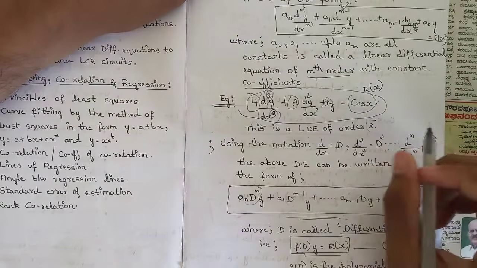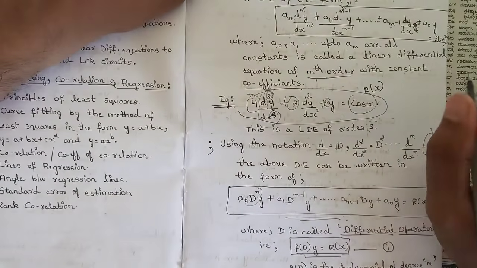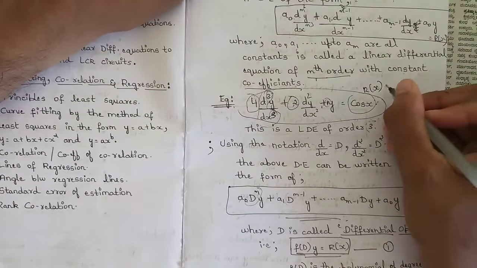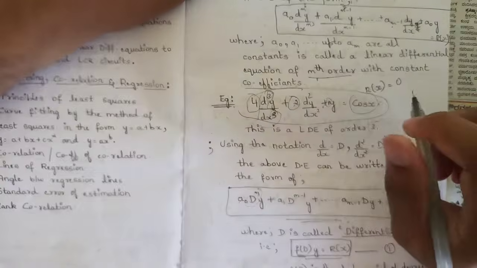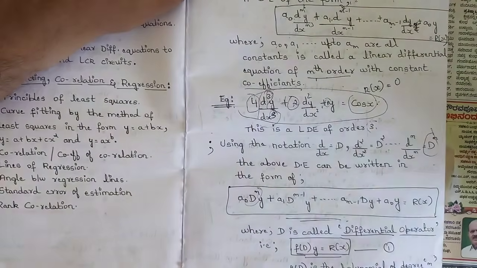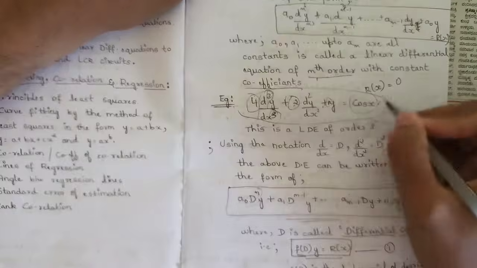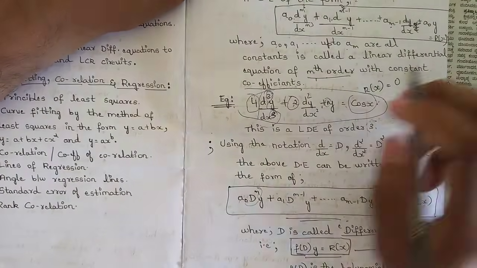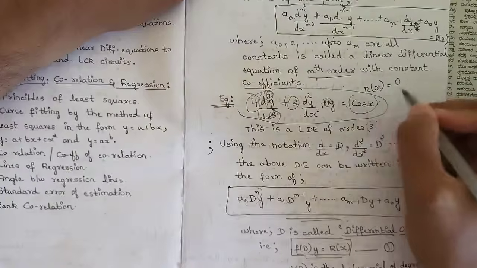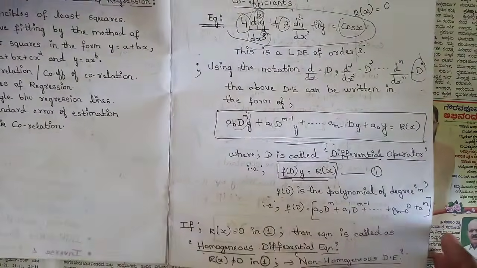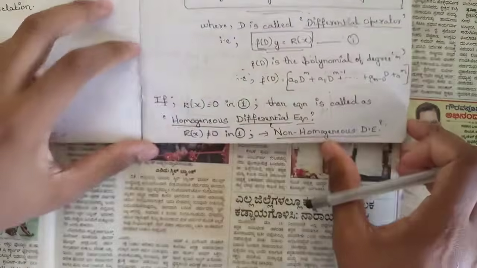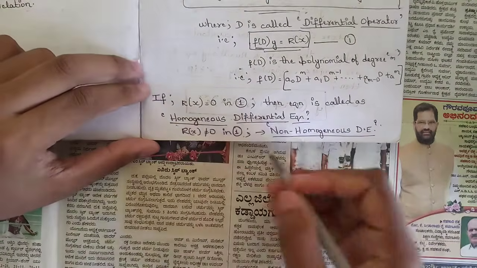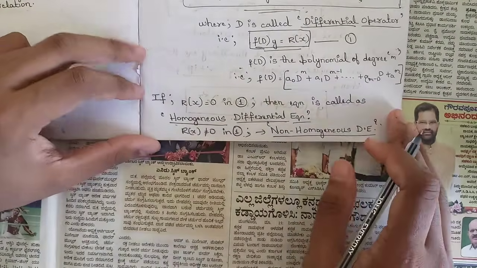In case of a homogeneous differential equation, always the value of r of x is equal to 0. But in case of a non-homogeneous equation, which we are going to discuss further, the r of x would have some value. Remember that in a homogeneous equation always the value of r of x is equal to 0. If r of x is not equal to 0, then it is a non-homogeneous differential equation.